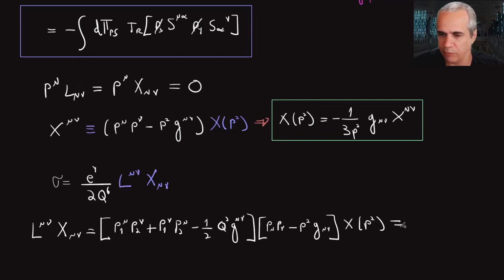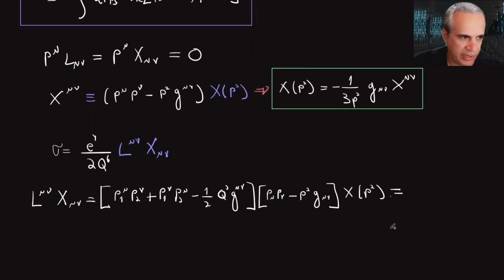And you can see that when I'm doing that contraction, many times I'll get P1 contracting P or P2 contracting P. Remember that P is actually P1 plus P2, and that P1² and P2² are zero because I'm in the ultra-relativistic limit. The masses of these guys are zero.